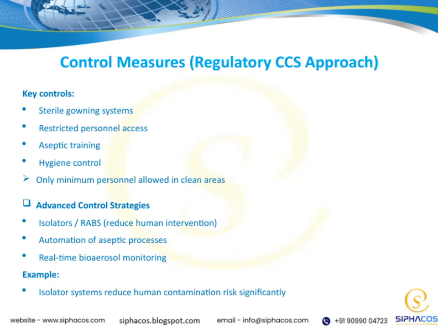For example, isolator systems are particularly effective. They create a sealed environment that drastically reduces human contamination risk, providing an extra layer of protection. All these measures and strategies work together to maintain the highest standards of sterility and safety in our processes, aligning perfectly with our overall goal of ensuring product quality and patient safety.